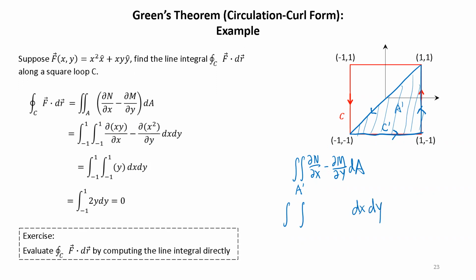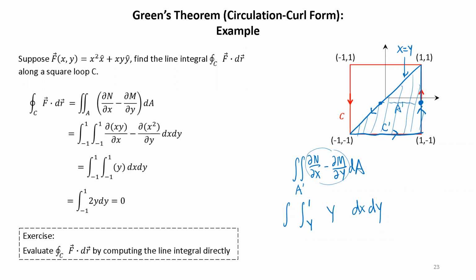This line is just given by x equals y. If I want to integrate over dx first, then my upper limit is still 1, but the lower limit is y. This integrand is the same, so it's just y.